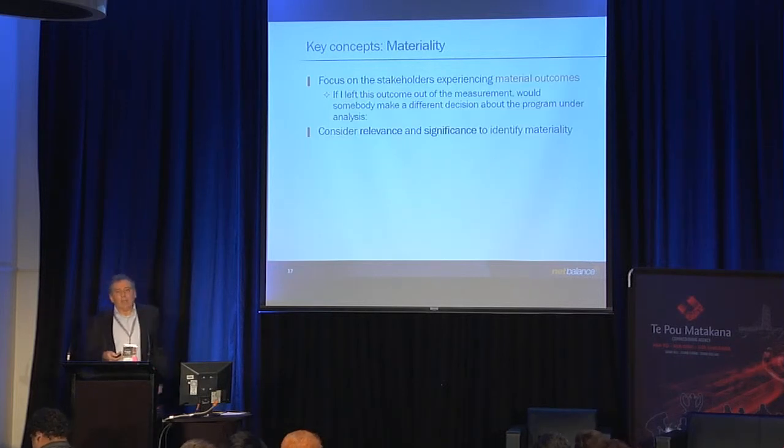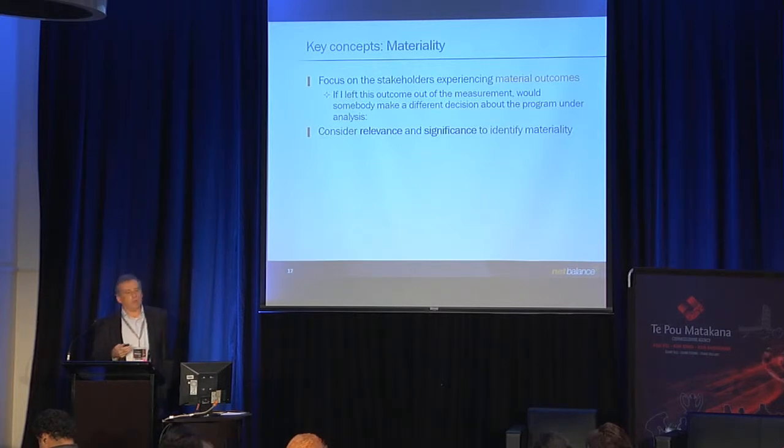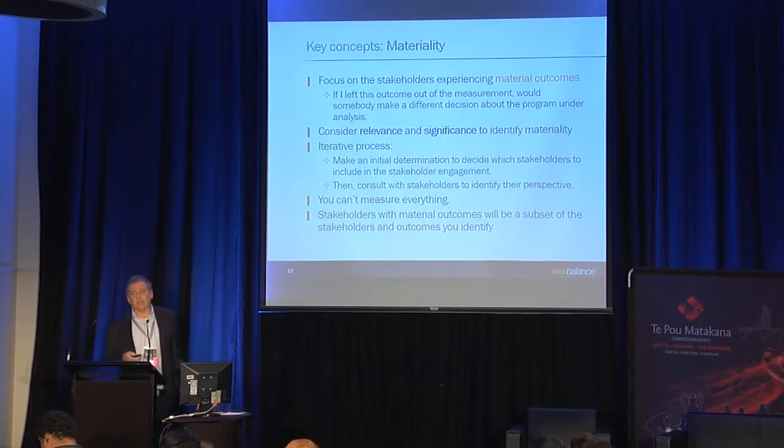But you can't measure everything. I mean, there's just not enough funding to do the level of measurement that most organisations would like. So therefore, we use the accountancy term of materiality. You try and find out those things which are most material, most relevant, most significant. And usually it's an iterative process where you come to your view as to what you think is the most material outcome for a particular client group.